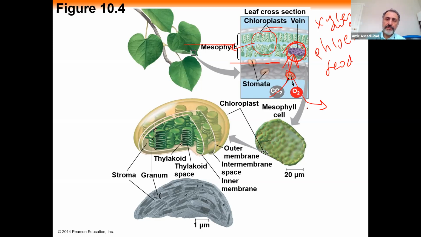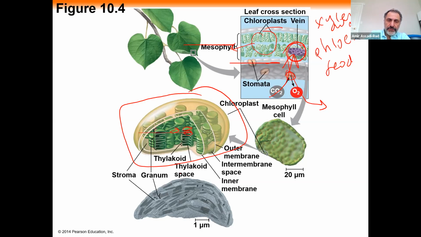So I did take a picture of the chloroplast for you in the lab. This is a chloroplast, and these are the parts of it that you should know. Each one of these stacks, you cannot see on the microscope anymore. You can see the chloroplast on the microscope, but each one of these is called a thylakoid. Okay, these are all thylakoids.